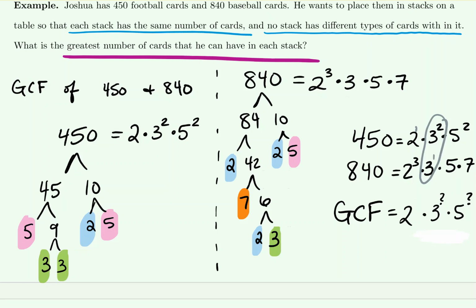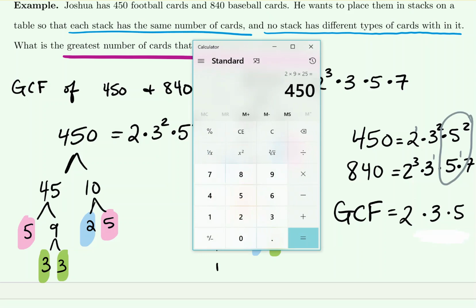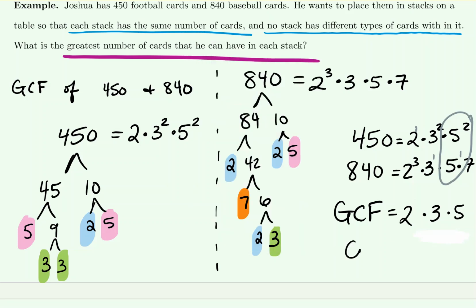We choose the least exponent possible, so we would choose just 3 to the first. Next, we're looking at our prime factor 5. Again, we've got a square and a first power. We choose the least one, so that would just be 5 to the first power. So the greatest common factor is 2 times 3 times 5, which is representing the number 30. So the greatest common factor is 30.